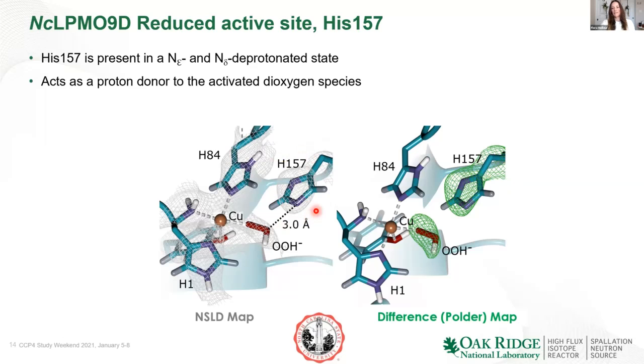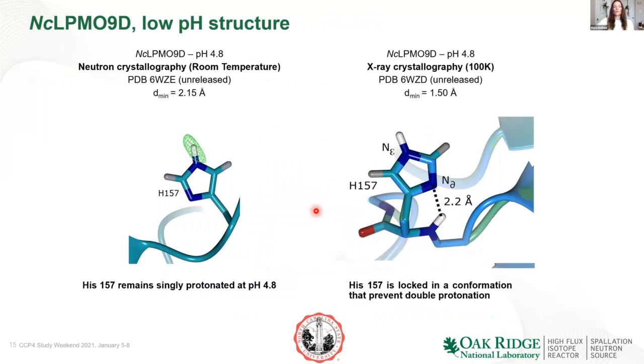So we are complementing this data now with DFT calculation, but we've also tried to probe this histidine 157 a little bit further. We do our experiment at a pH around 6.5. Those enzymes are most active around pH 5, at which pH we could expect this histidine to be doubly protonated.